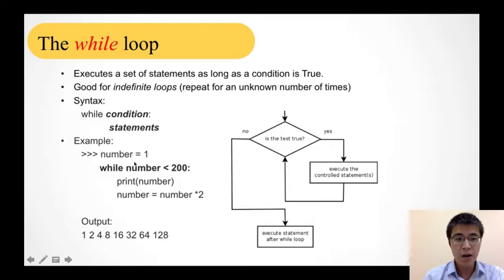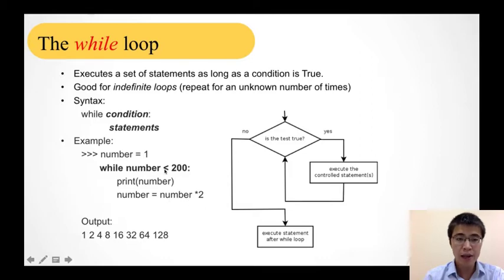So let's see what we get. We start from number 1, we print 1, and then number is increased to 2. Number is equal to number times 2. Number becomes 2.